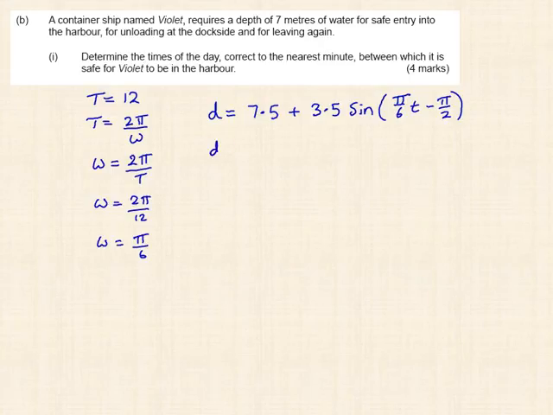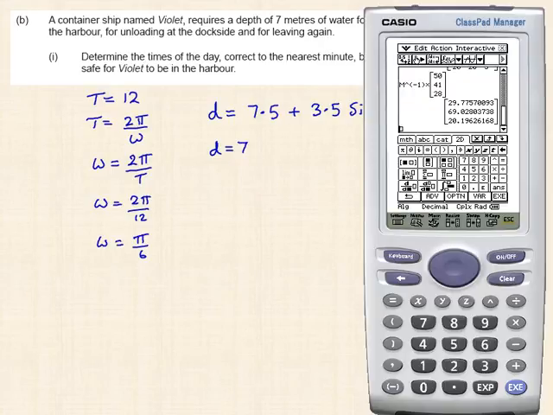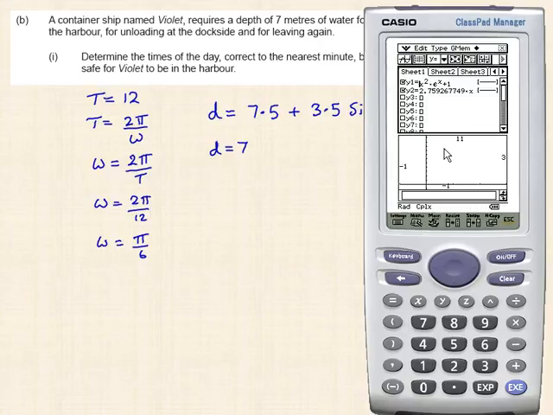We're interested in when d is equal to 7. So let's go to the menu, graphs and table. Let's just clear anything that we have in there. And then we'll put in that y1 is 7. May as well put that one in first.